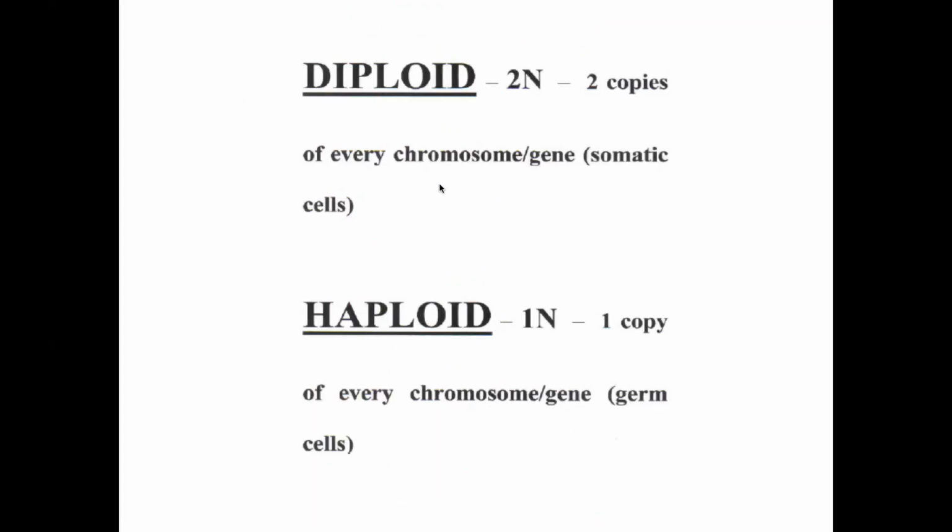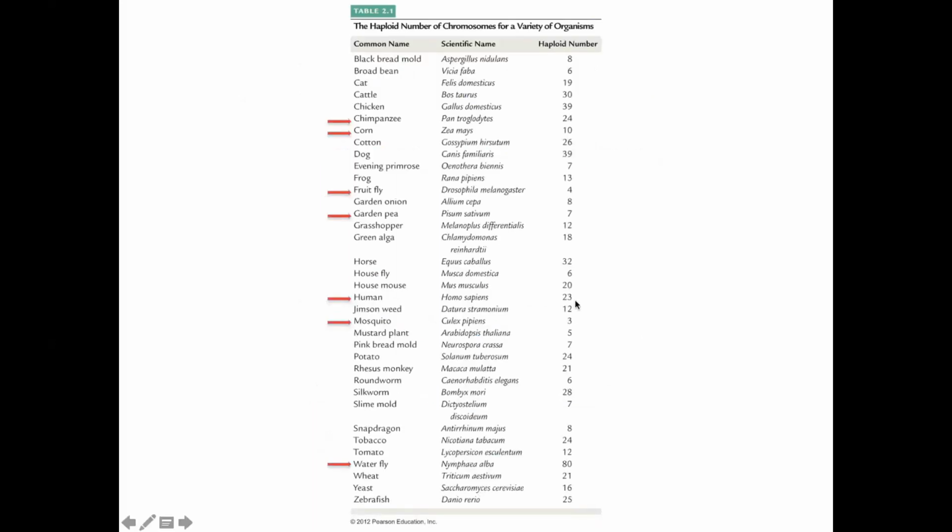And then the haploid state would be 1 copy of every unique chromosome that's representative of that particular organism, and therefore only 1 copy of every gene. So here we're looking at a haploid number. For corn, it's 10, chimpanzee, it's 24, humans, 23 unique chromosomes.